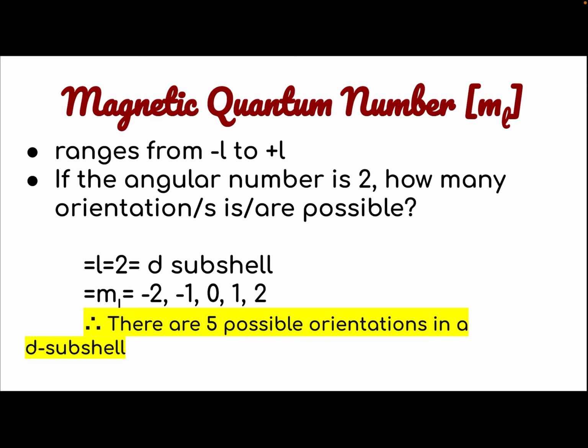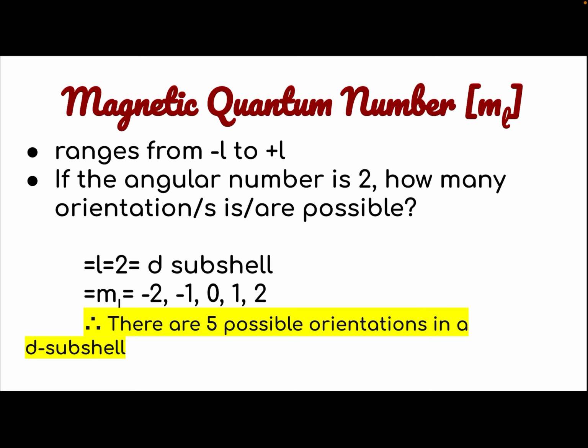Now, if the angular number is 2, and you get magnetic number as negative L to positive L, then how many orientations are possible? So let's try to compute it. If L equals 2, and that's a D subshell, then the magnetic numbers are negative 2, negative 1, 0, 1, 2.